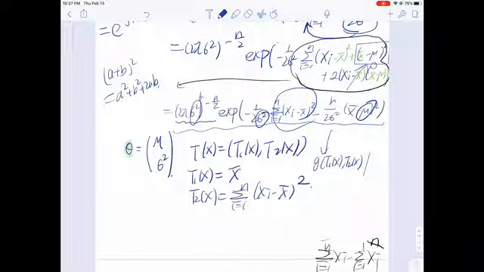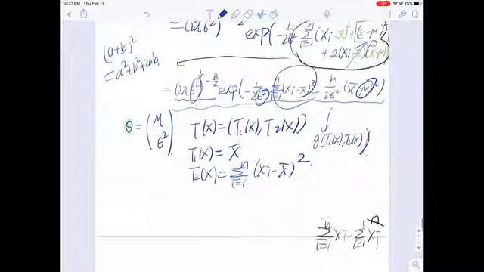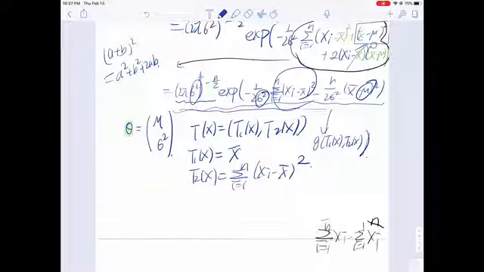And what will be our h(x)? We cannot further factorize this into a function only of x, since every term here involves both theta and x. So the only h(x) we can come up with is the trivial case.